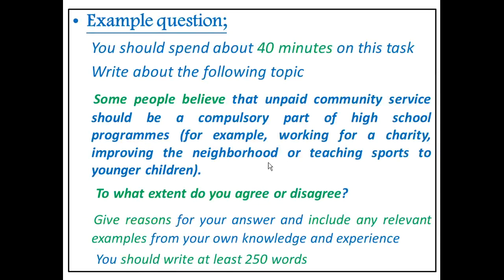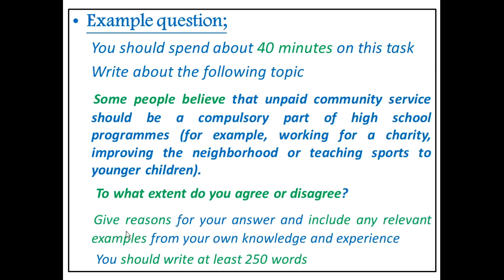You see, what is this? These are the tasks. Write about everything means this is the question actually. The question is like this. So this generally is the topic. Then it's saying, to what extent do you agree or disagree? So this is the first thing you have to say, whether you agree or disagree or both, right?